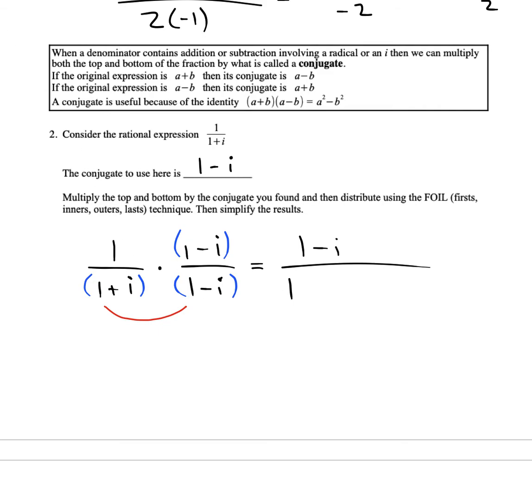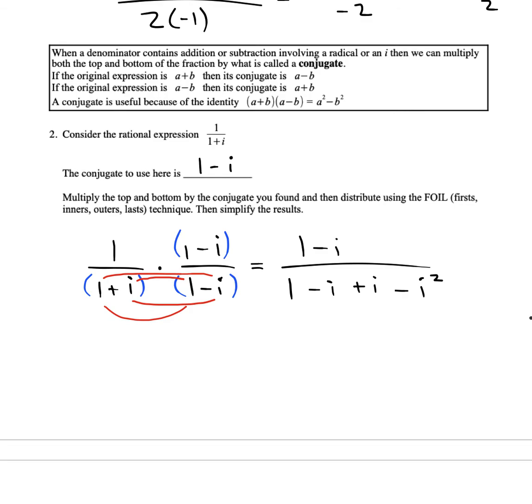The outers will be these, so 1 times -i. Then we'll do the inners, which is i times 1. And we'll do the lasts. i times -i is -i squared.